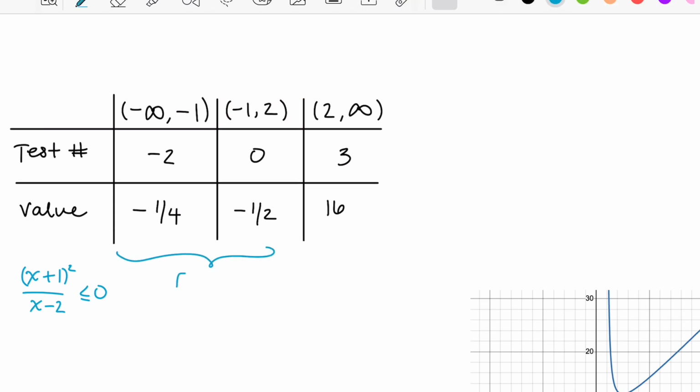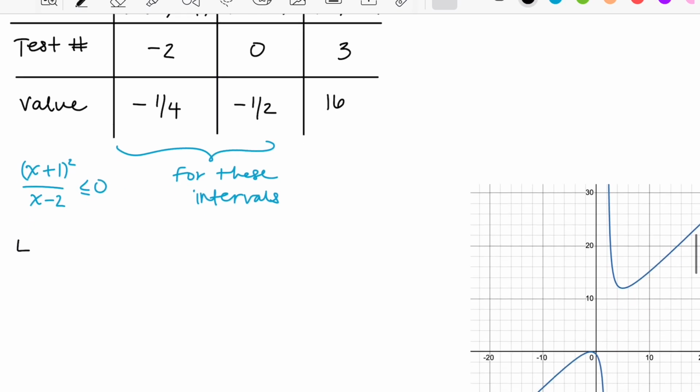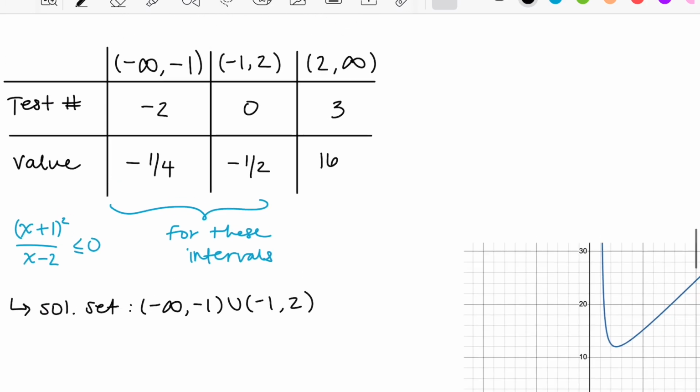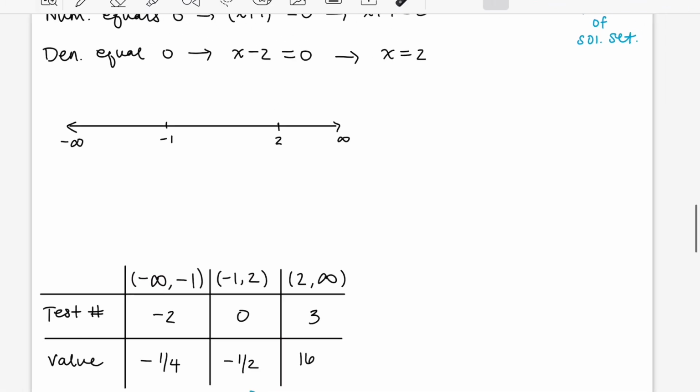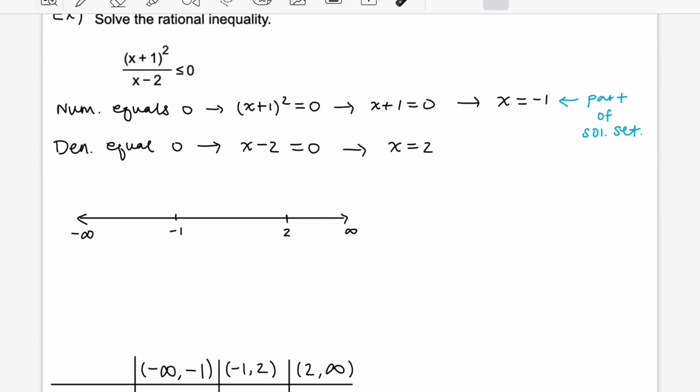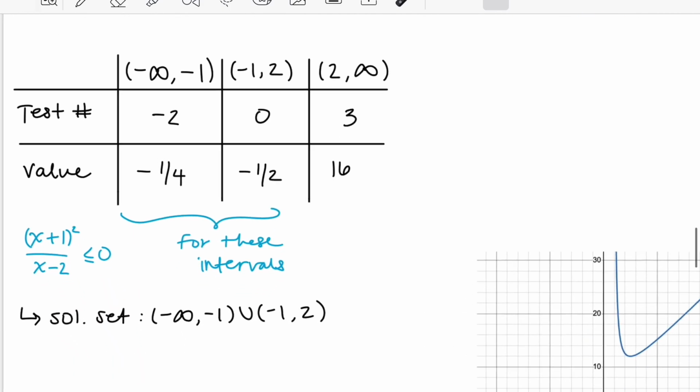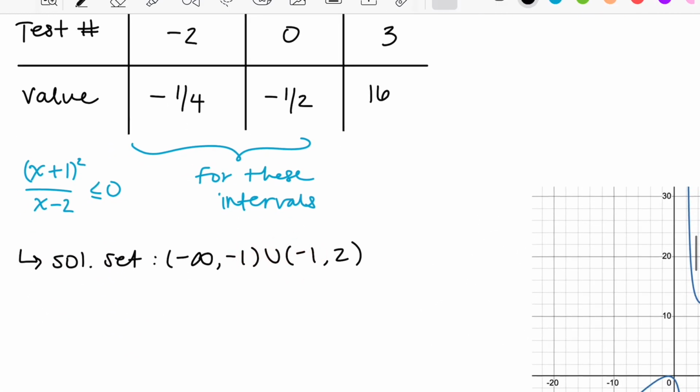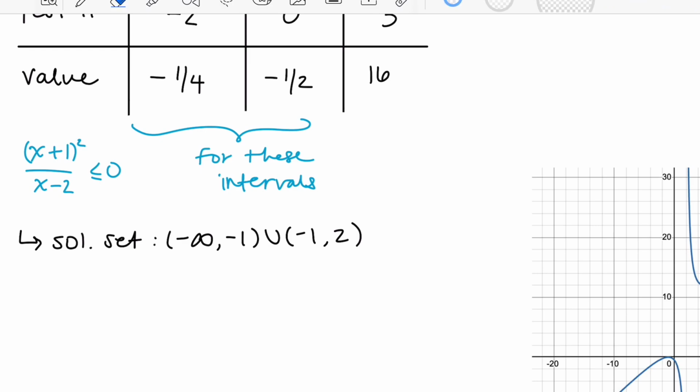So for these intervals, our solution set would look like this interval from negative infinity up to negative 1, and then negative 1 to 2. Right? These two intervals. But remember up here we said that we're also looking at when this will be equal to 0, and we know that'll happen when x is equal to negative 1. So negative 1 is part of our solution set. This here looks like negative 1 is not part of our solution set. So we'll rewrite this as negative infinity up to 2.